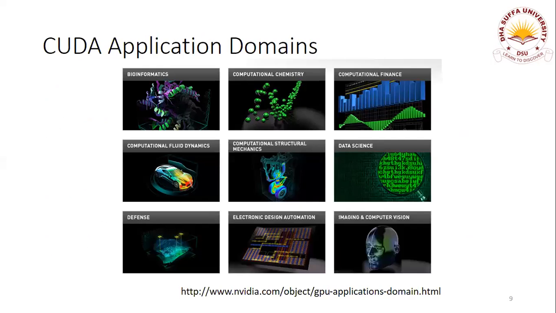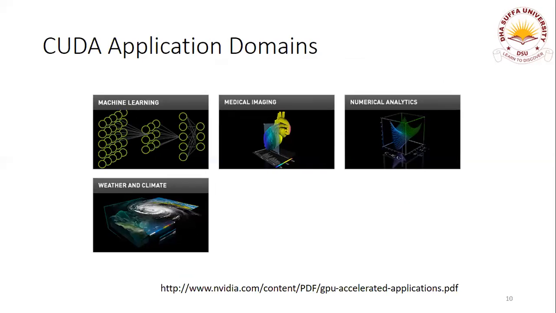So CUDA application domains are as follows. We can use them in bioinformatics, computational chemistry, computational finance, fluid dynamics, computational structural mechanics, data science, defense, electronic design automation, imaging and computer vision. And not limited to that, but machine learning, medical imaging, numerical analytics, and weather and climate.